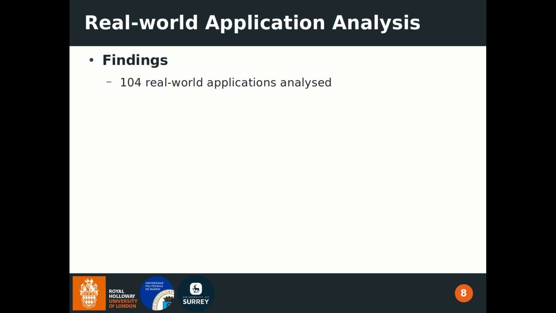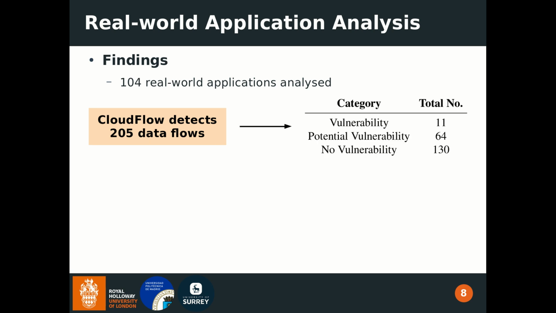We also analyze 104 real-world applications to investigate the types of vulnerabilities that can affect them and to evaluate our framework more comprehensively. CloudFlow detects 205 security-sensitive data flows in total, which were validated manually.